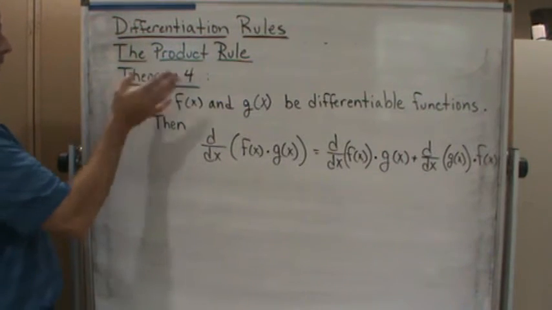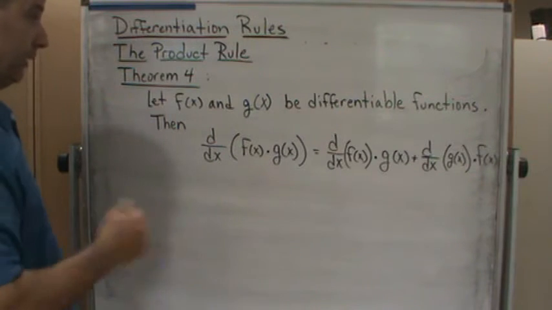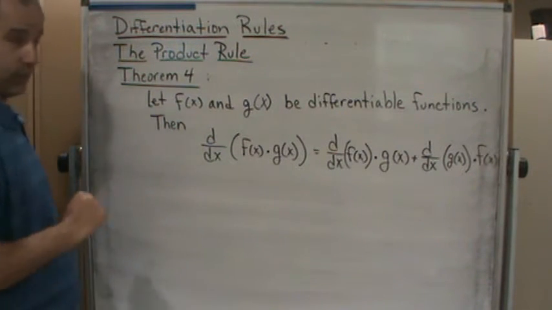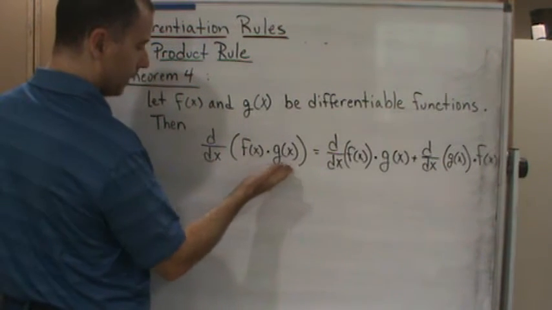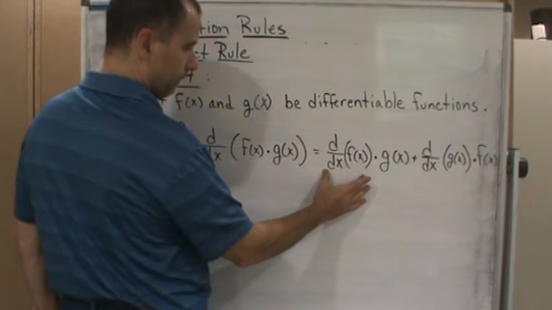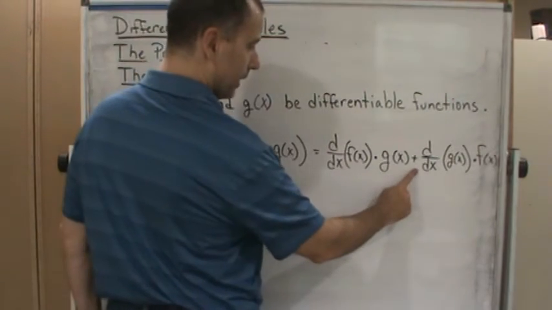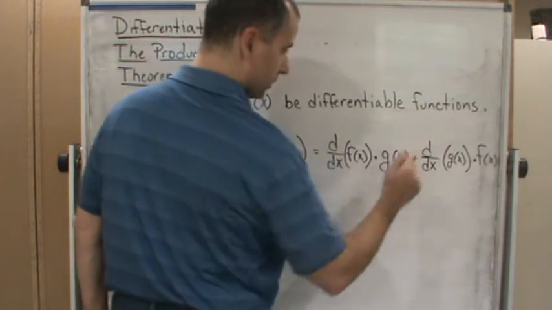So Theorem 4 is the product rule. It says let f and g be differentiable functions. If they are differentiable functions, then the derivative of the product of f and g is equal to the derivative of the first function times the second plus the derivative of the second function times the first.